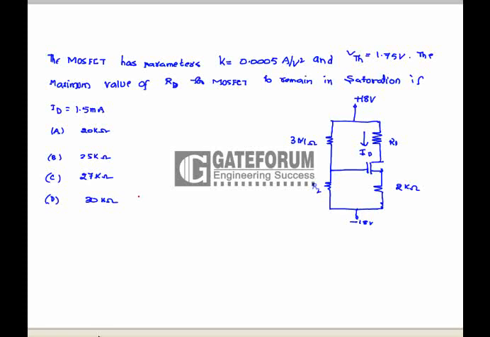The MOSFET has the following parameters, that is K is equal to 0.0005 amps per volt square and its threshold voltage is 1.75 volts. Find the maximum value of the drain resistance for the MOSFET to remain in saturation. See, the condition for the MOSFET to remain in saturation is the drain to source potential must be greater than or equal to VGS minus VT. Here VDS is equal to 30 minus ID times (RD plus RS).